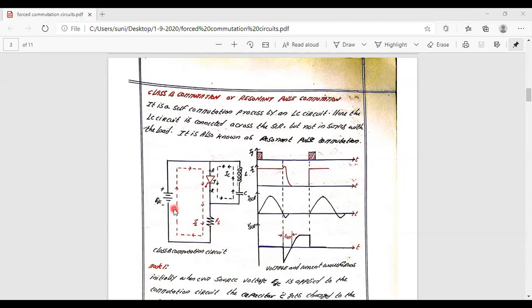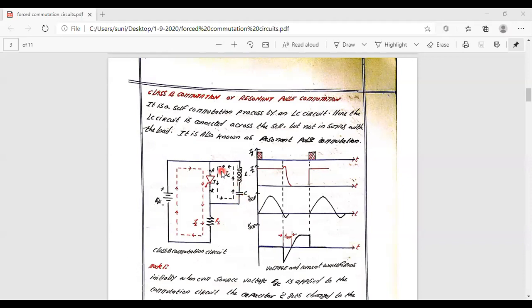Initially, when the device is in the off state, the charge is acquired in the capacitor. As the capacitor is completely charged, it has a tendency to discharge, so it always tries for a closed path.